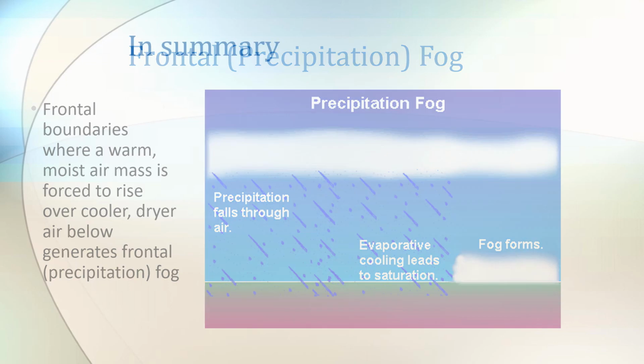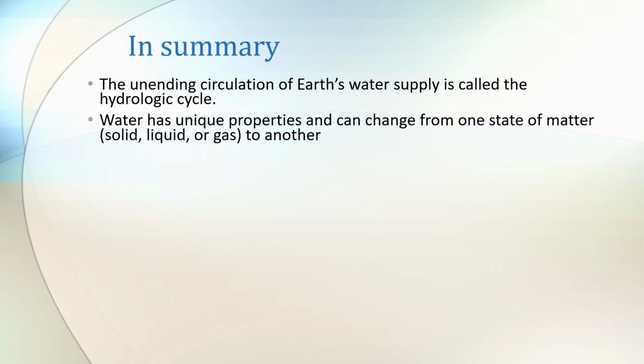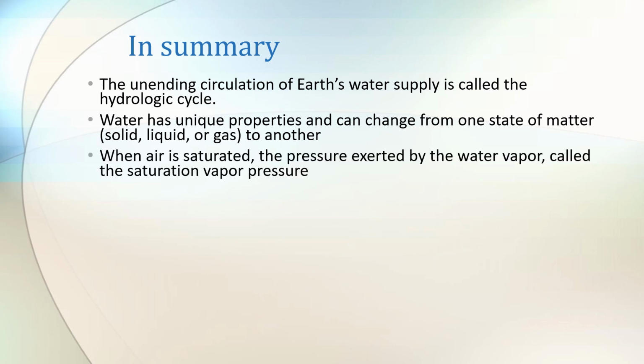And to sum up, these are some important points that you should remember. In general, the unending circulation of Earth's water supply is called the hydrologic cycle, and water has unique properties and can change from one state of matter to another. When the air is saturated, the pressure exerted by the water vapor is called the saturation vapor pressure.